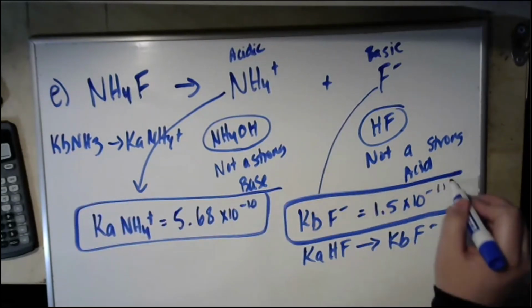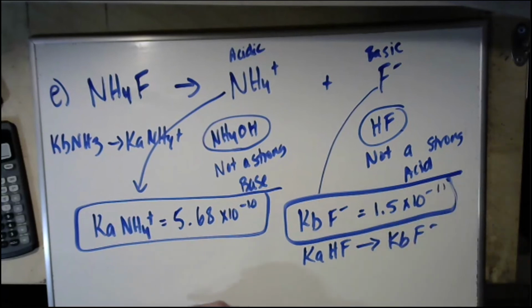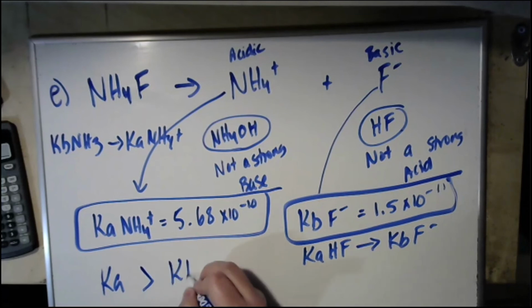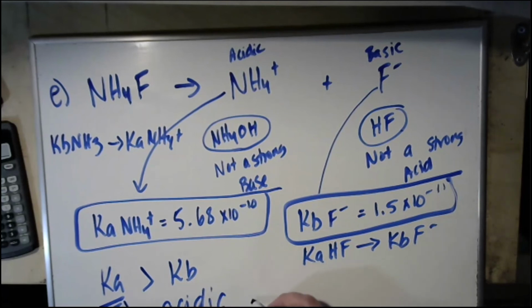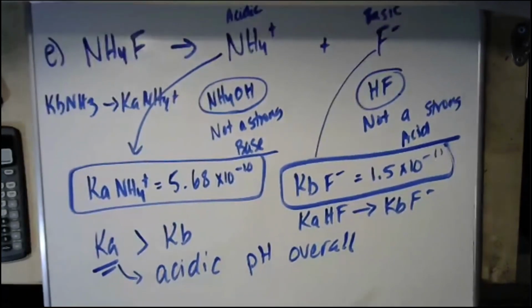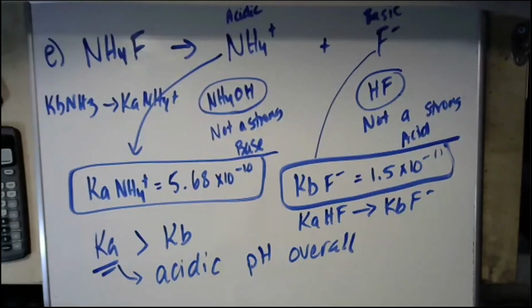The larger one wins. In this case, my Ka value is greater than my Kb value. That means my solution is going to be acidic overall. If my Kb value had been larger, then my overall solution would have been basic.